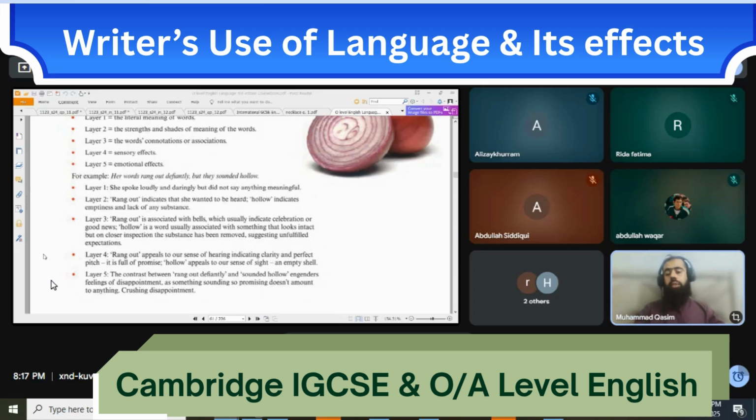Then at layer five, we go for emotional effects. At the emotional level, here is a contrast between two things. Rang out defiantly means too loud, but sounded hollow. Such a loud voice, but having no impact, having no meaningful talk in it. That engenders feelings of disappointment, as something that sounded so promising but does not amount to anything, crushing disappointment.